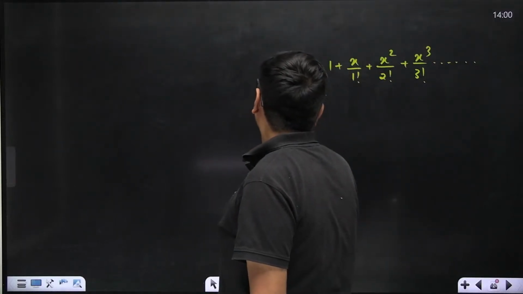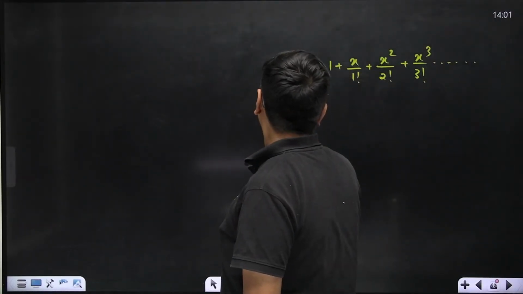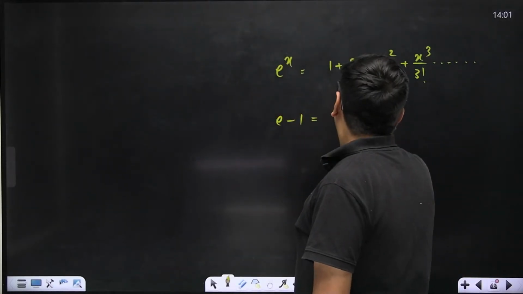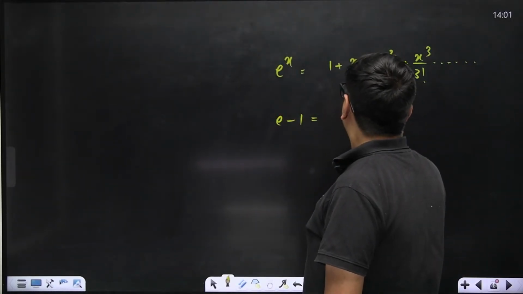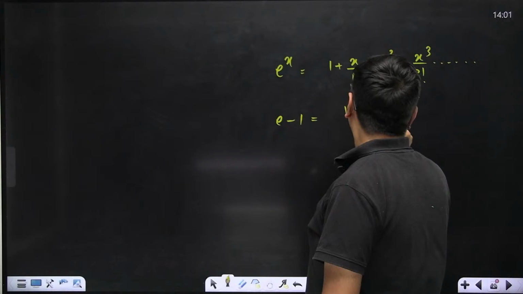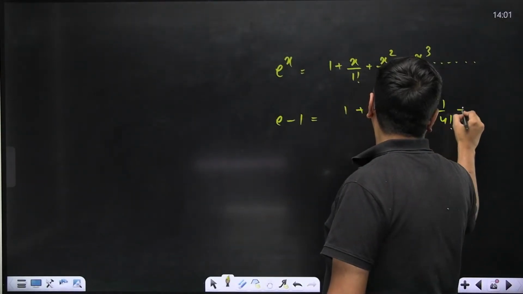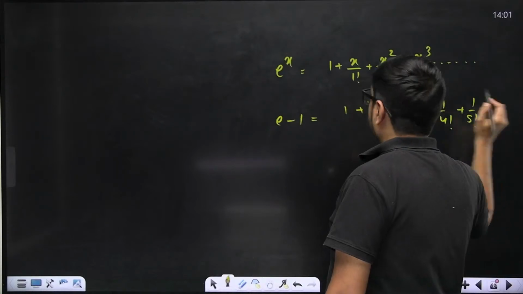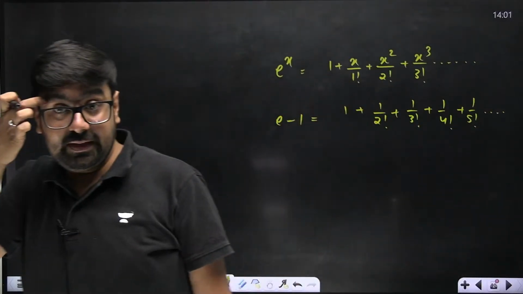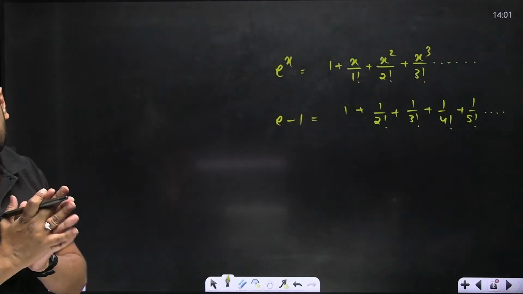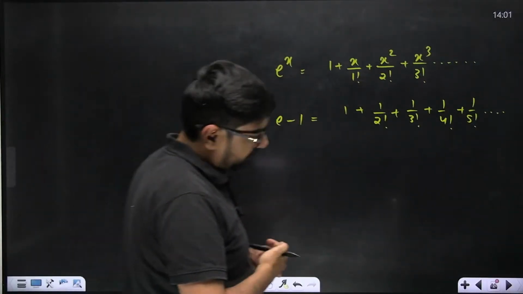Suppose we put x as 1 over here, so e minus 1 will be equal to 1 by 1 factorial plus 1 by 2 factorial plus 1 by 3 factorial plus 1 by 4 factorial plus 1 by 5 factorial. This thing is being used over here. This is the expansion that we learn in limits, in the expansion series.